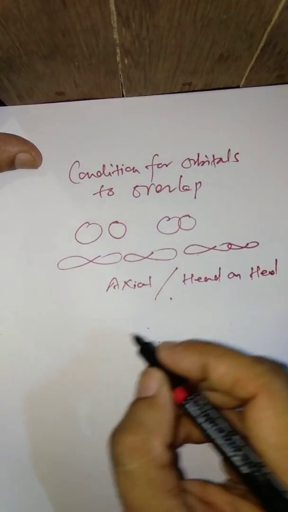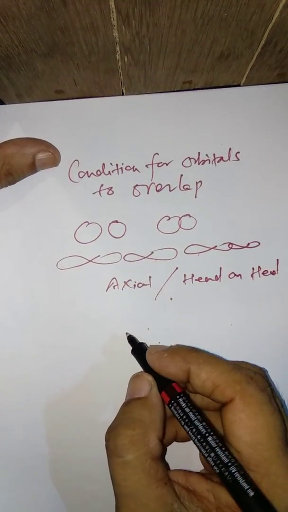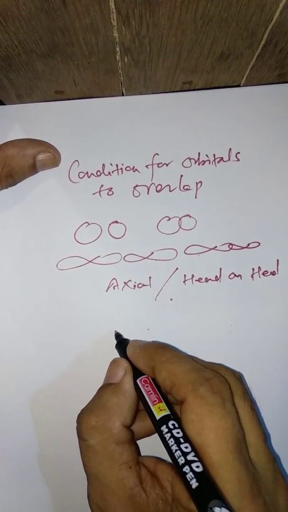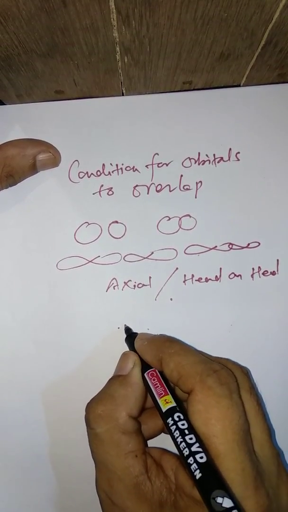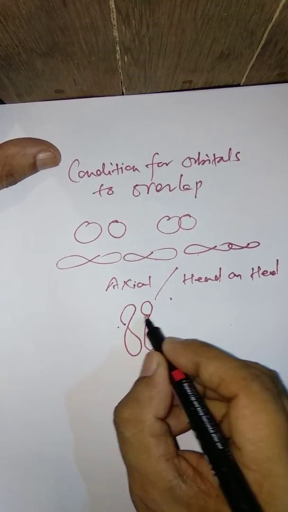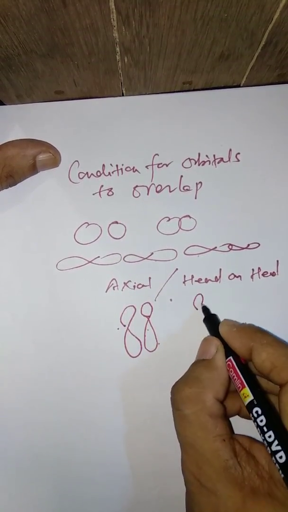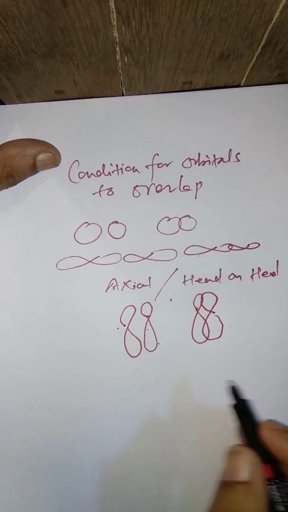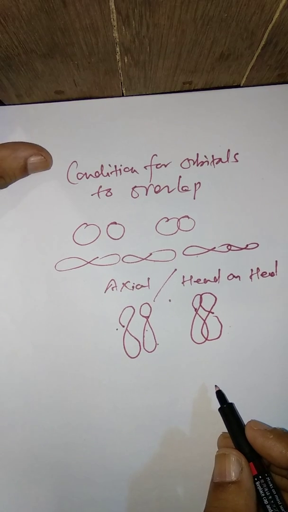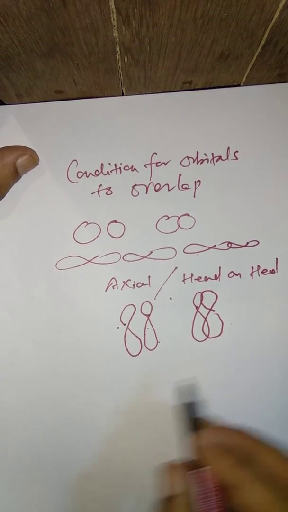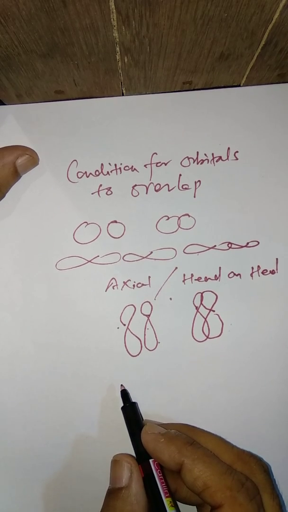The other one is the side, or lateral, pattern. Like this is a p orbital, another p orbital comes closer, and they interact in a side manner like this. Now the molecular orbital theory has the same status about this.